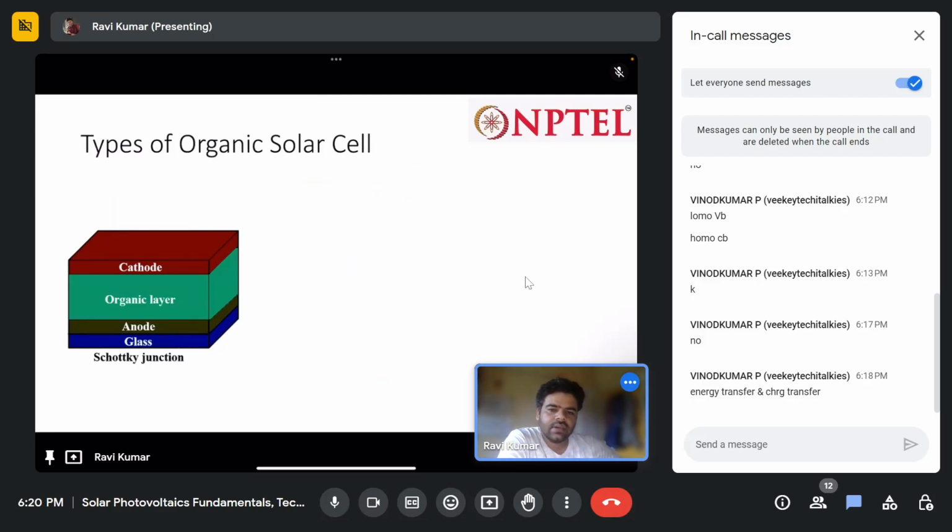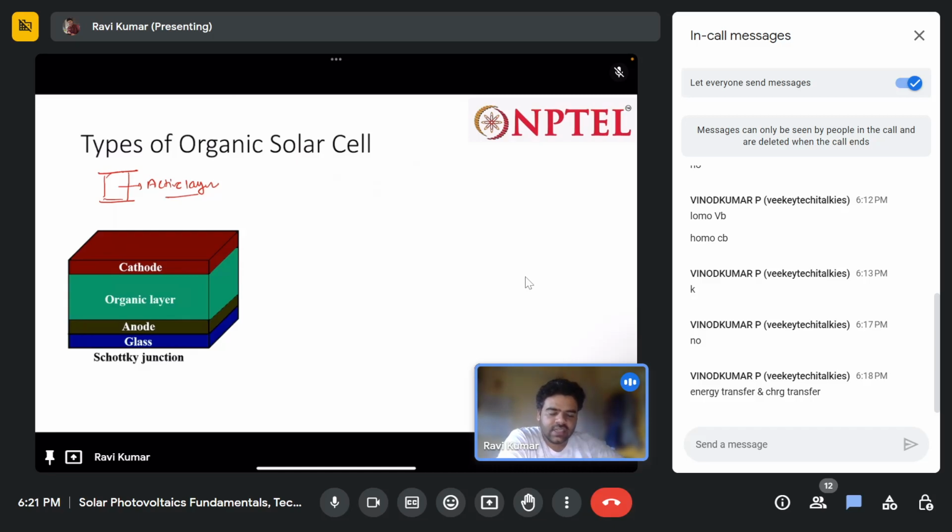Next, we have how many types of solar cell. We have seen there is a metal, and there is something inside. We said that is acceptor and donor, or sometimes we say it is the active layer. This is the main layer where the generation of charge carriers takes place.